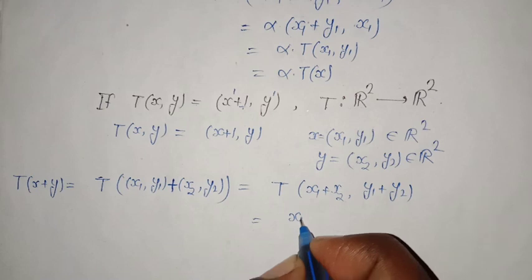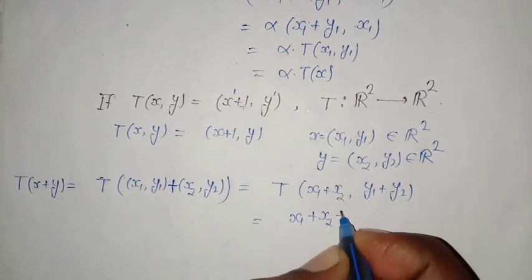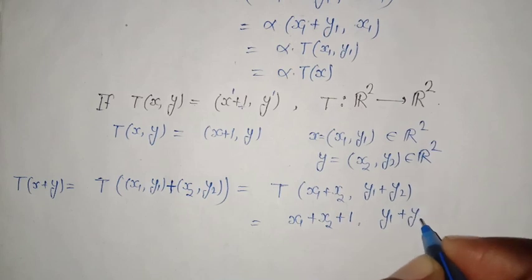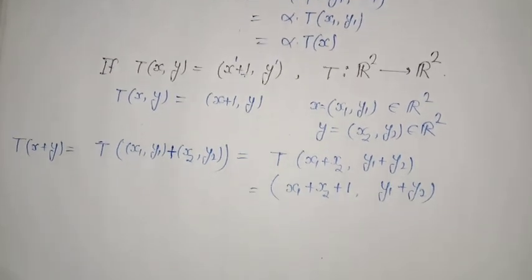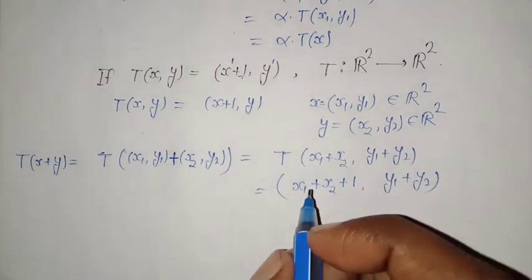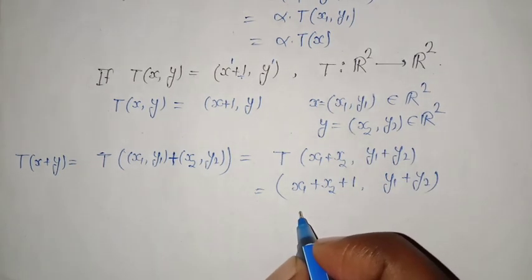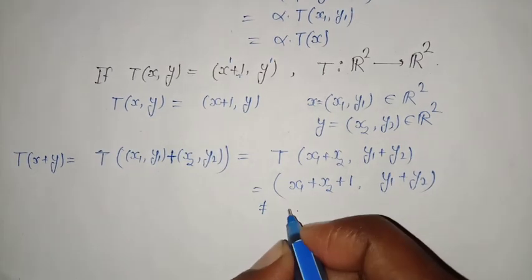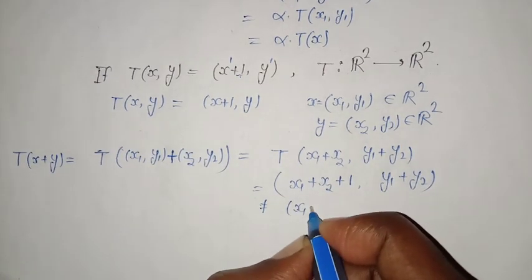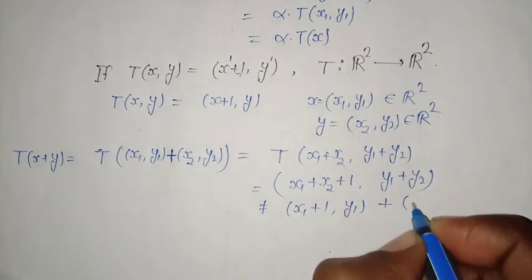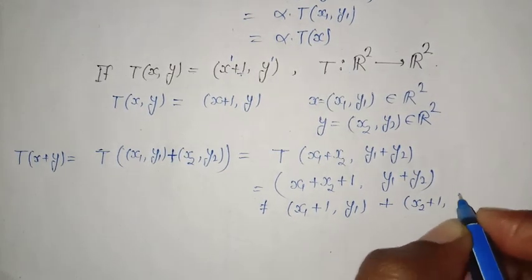This becomes (x1 plus x2 plus 1, y1 plus y2). In order to show that vector addition holds, we have to show it equals T of x plus T of y. But this will never be equal to (x1 plus 1, y1) plus (x2 plus 1, y2).